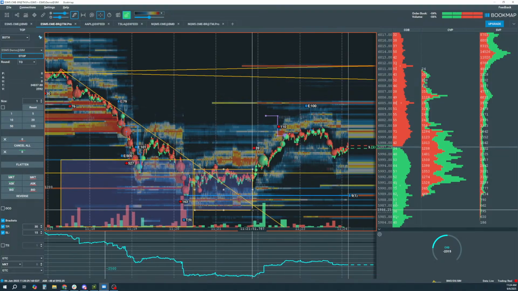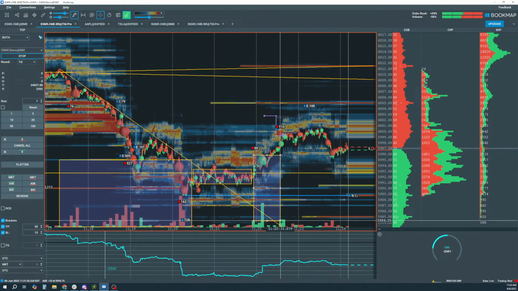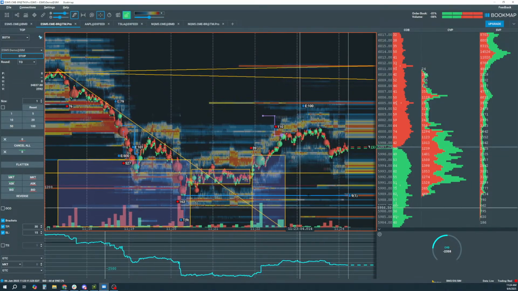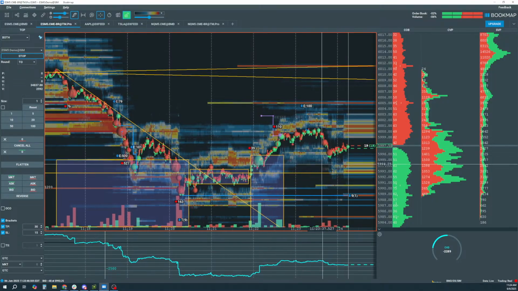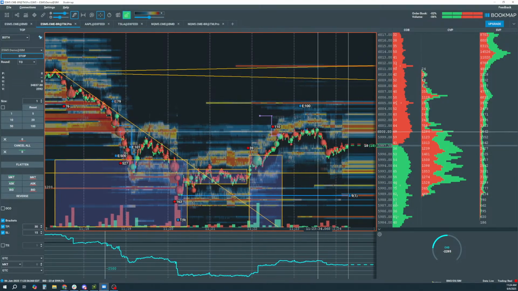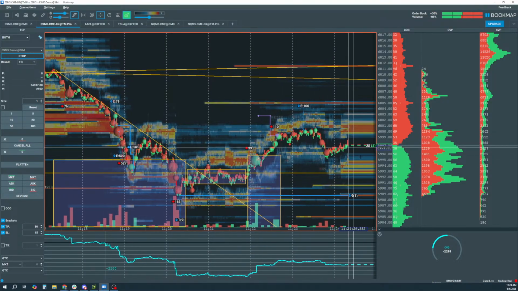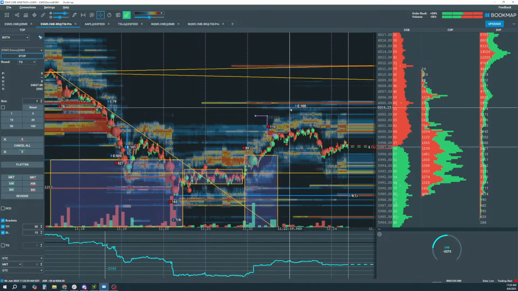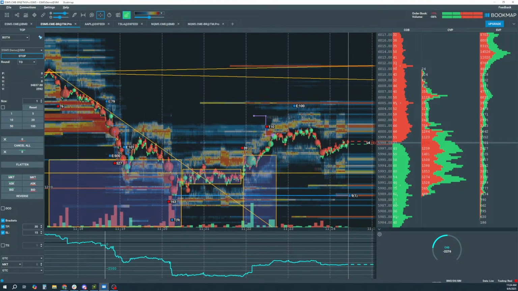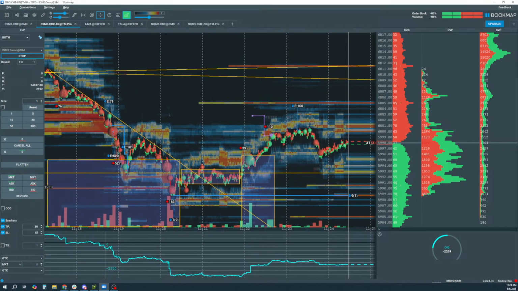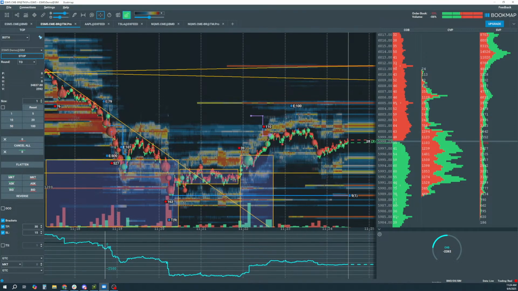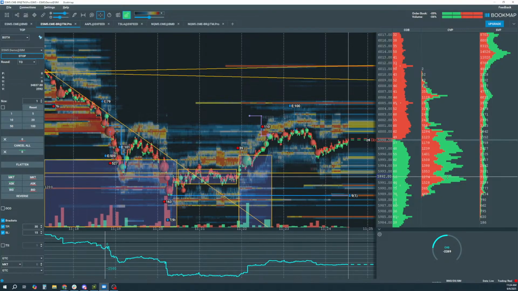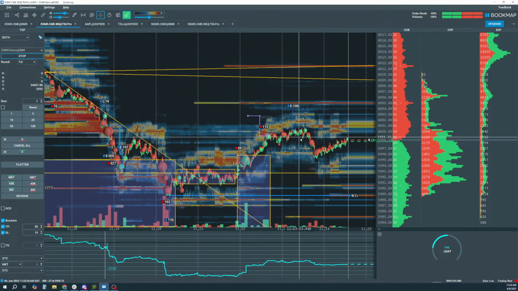We have this kind of weird space in here to the buy side though. Now the buy side has been short-lived so far. Maybe it'll pick up, maybe it'll pick up again in here. But I'm not seeing it.